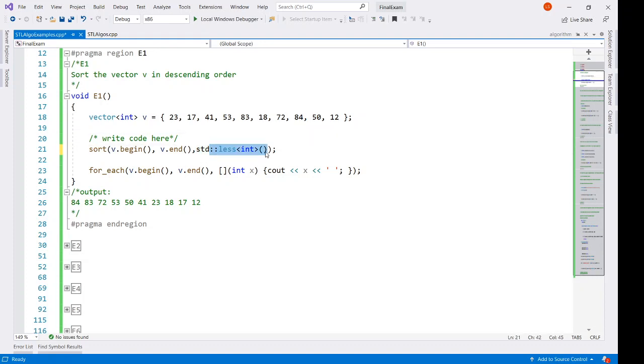We can also achieve the same thing by providing our own predicate here, which takes two integers, which the sort algorithm is trying to compare, and returns true if x is less than y. This is exactly what our std::less does, and let's see what the output is in this case.